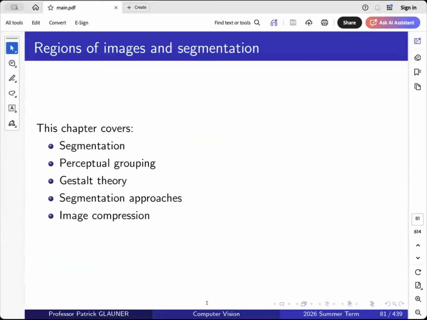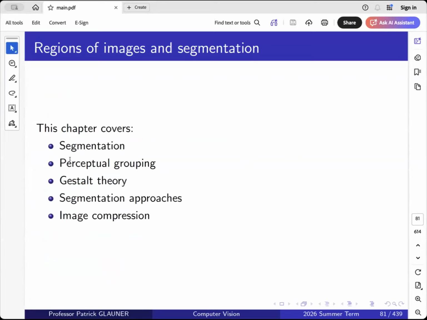I'll see if any questions come in or not, but I'll start talking now about the next chapter, regions of images and segmentation. So we will see what segmentation is. There are lots of segmentation approaches, like perceptual grouping. There's also Gestalt theory, which comes more from psychology.